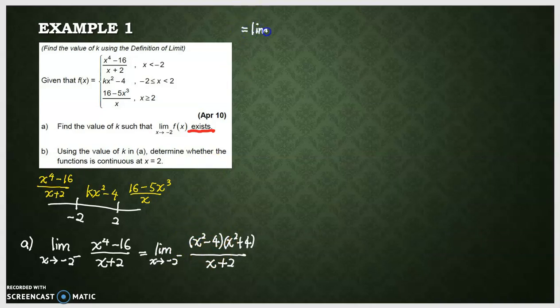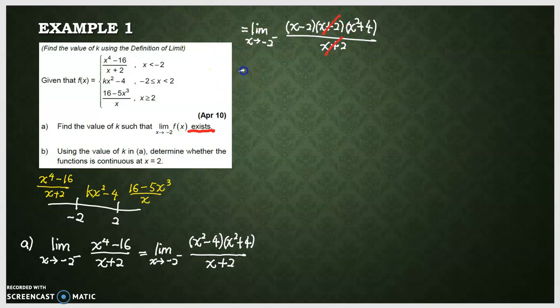The limit when x approaches negative 2 from the left hand side, x minus 2, x plus 2, x squared plus 4, over x plus 2. So from here we can simplify.